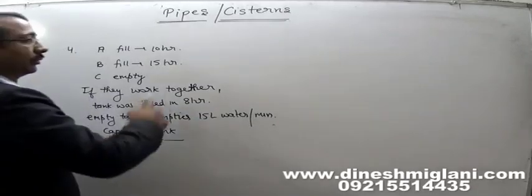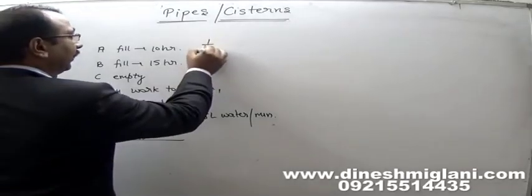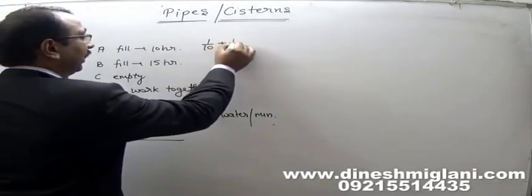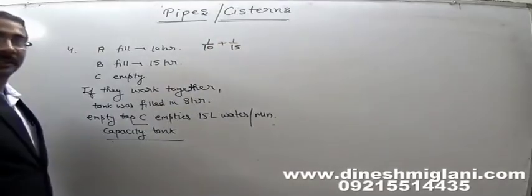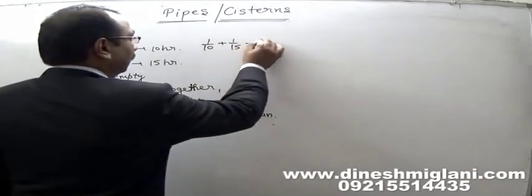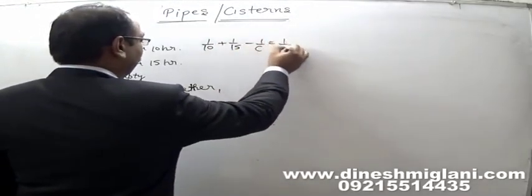Let us say total capacity is 1. A fills 1 by 10 in 1 hour, B fills 1 by 15, and C empties it, so I may say minus 1 upon C, and total time is 1 upon 8.